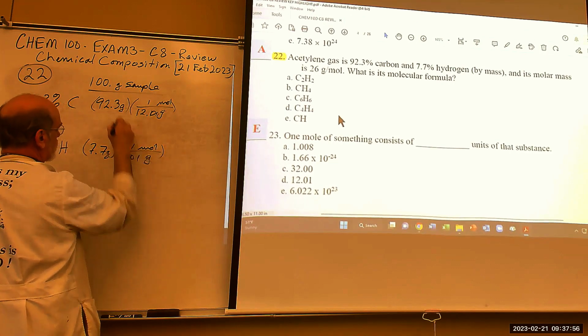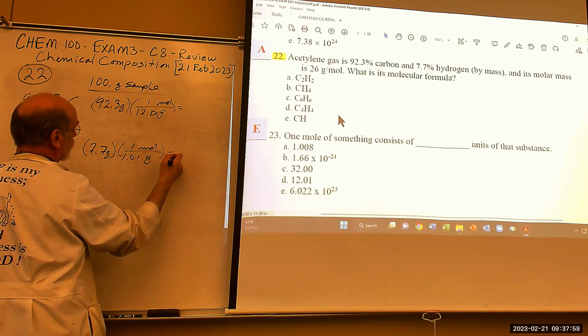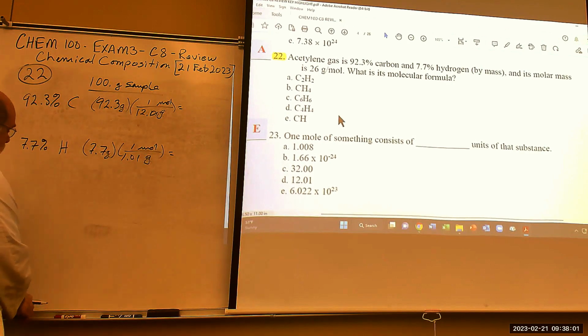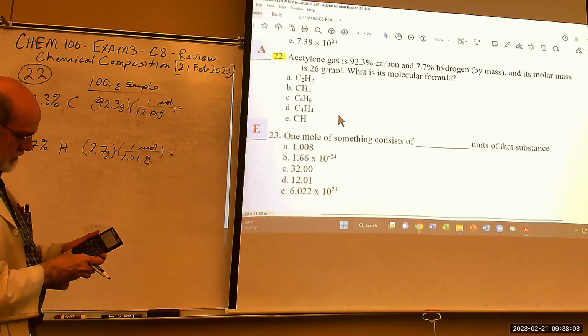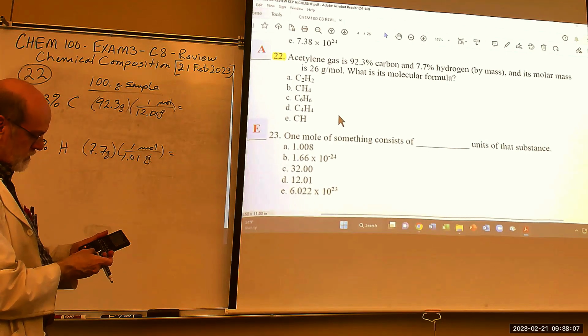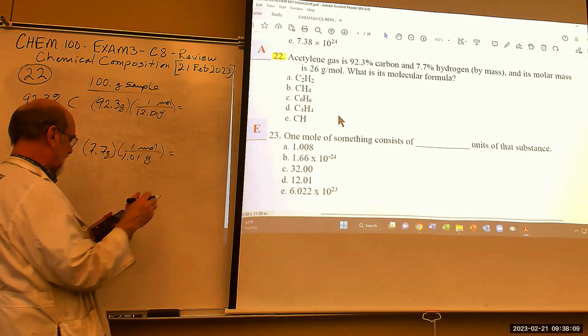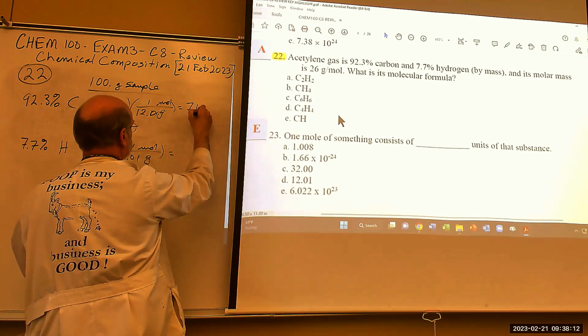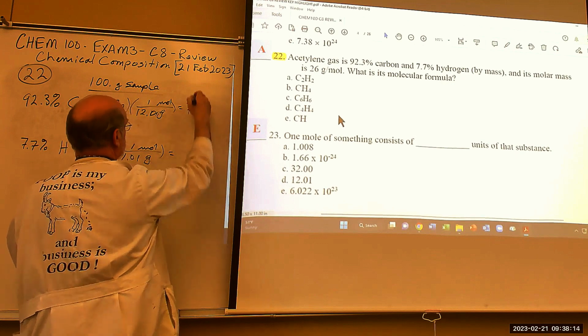Grams cancel. We're going to have moles left over. So 92.3 divided by 12.01 is 7.69. And that's moles.